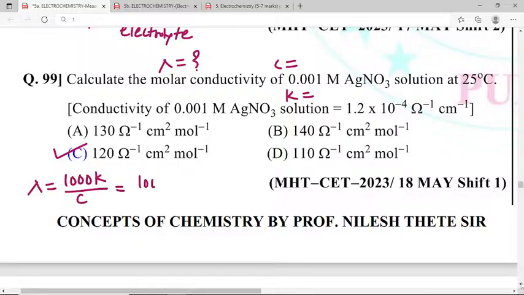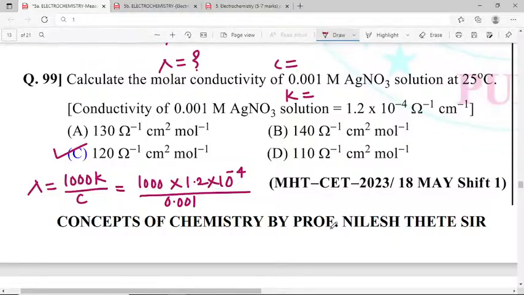So this is 1000 multiplied by K. How much is the K value? 1.2 into 10 to the power minus 4. This whole divided by 0.001. Okay, get it?